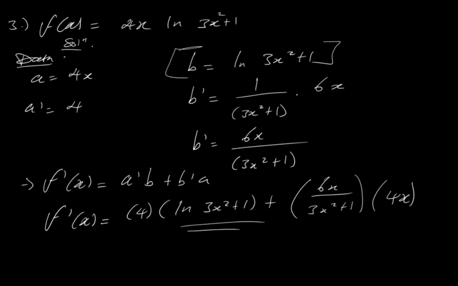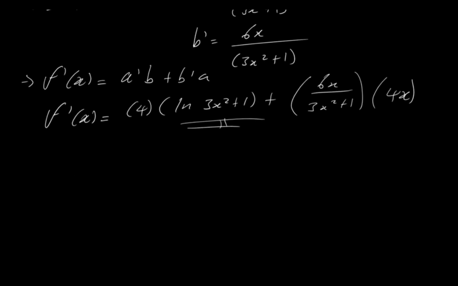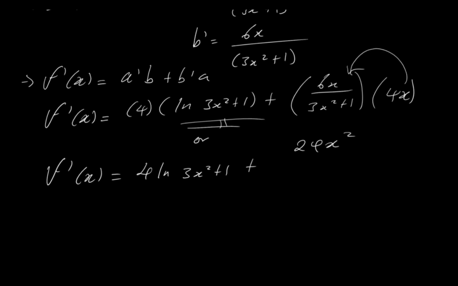So you can leave your answer here, or you could polish it up. You could say f prime of x is equal to 4 ln(3x squared plus 1) plus this 4 just multiplies the numerator, and that will give you 24x squared over 3x squared plus 1. And that will be your derivative. I hope it's clear.